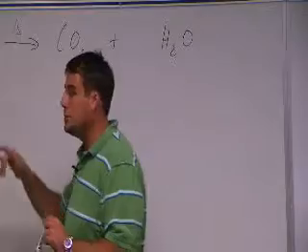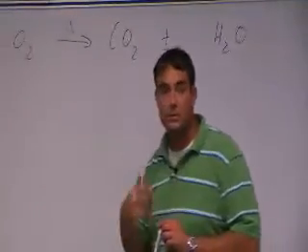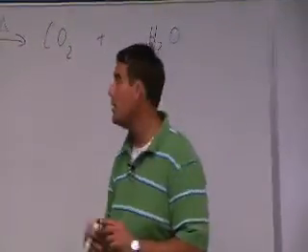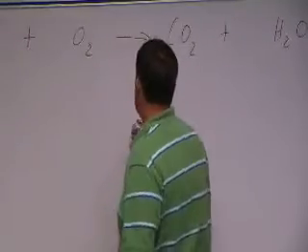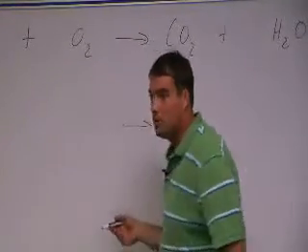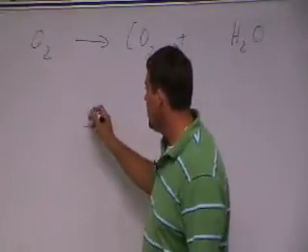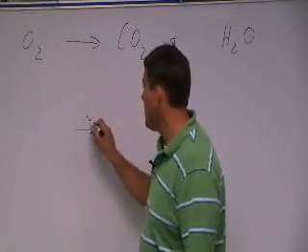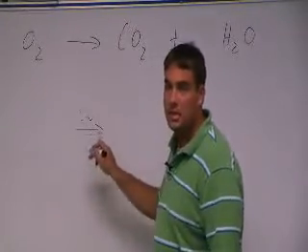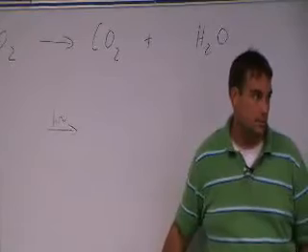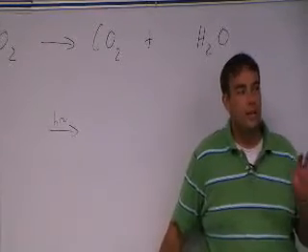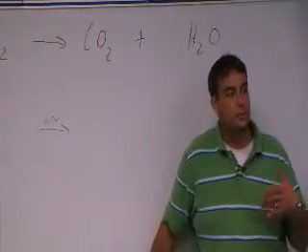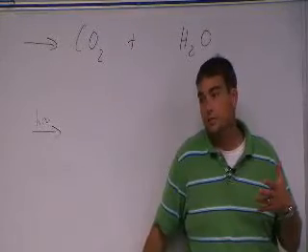You have to put heat to it to get the reaction to go. Now, what are some other common symbols? Another one is called h-nu, and that stands for light. In other words, you have to have light shining on a reaction.